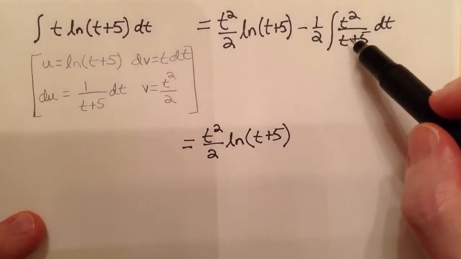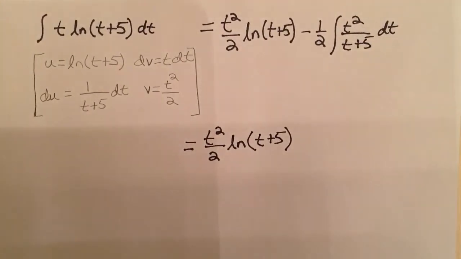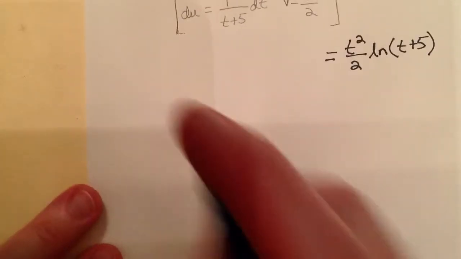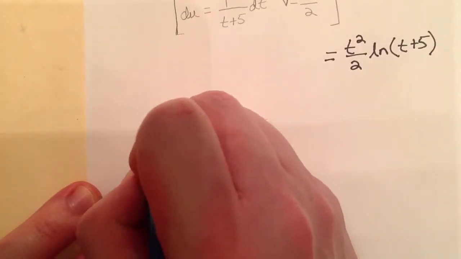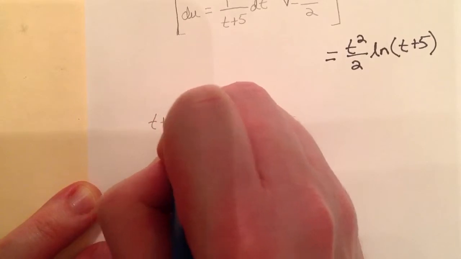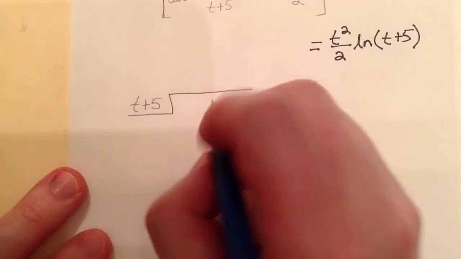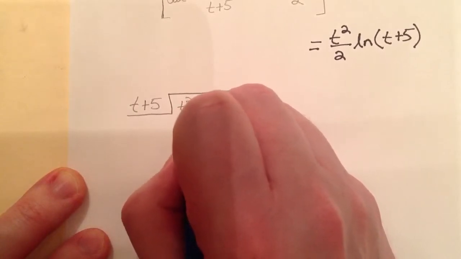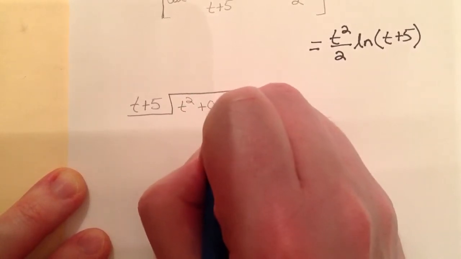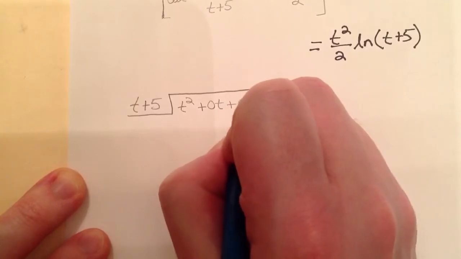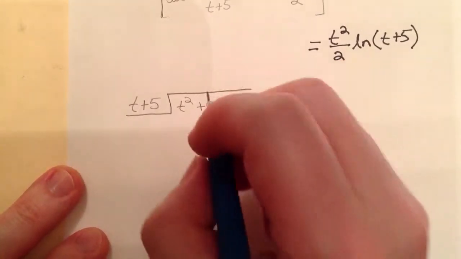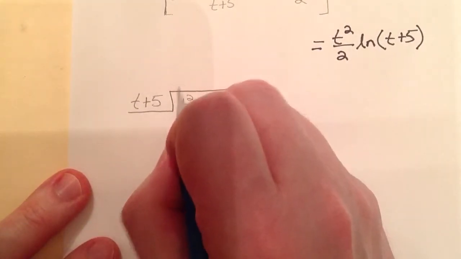If we step to the side for just a moment, taking long division, namely taking t plus 5 into t squared, we have our t plus 5 into t squared. Now we'll just call this plus 0t plus 0, since we do not have a first degree variable or a constant after the t squared.